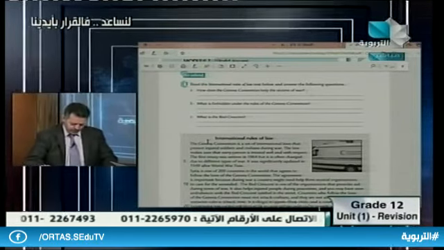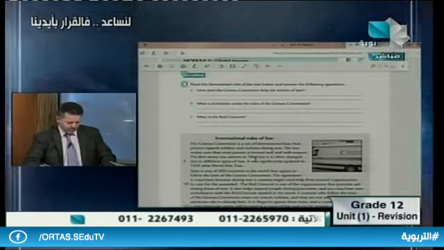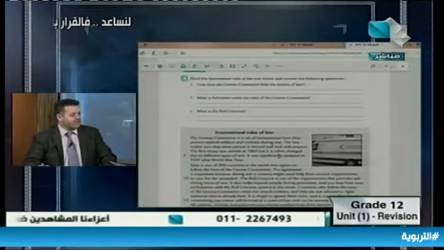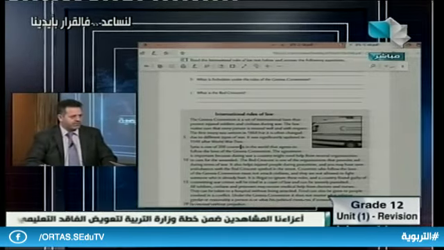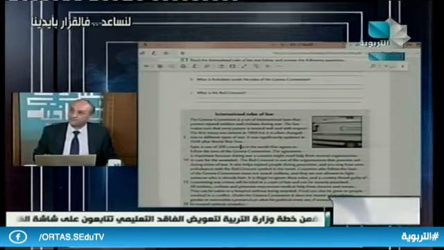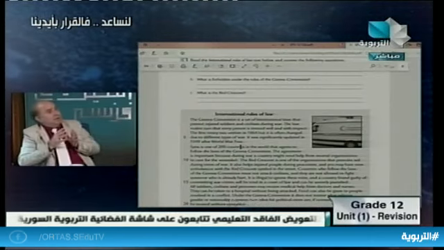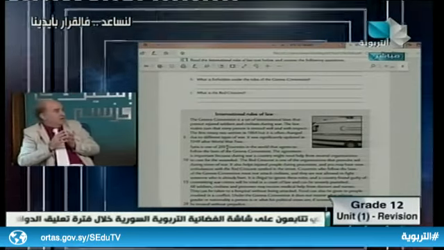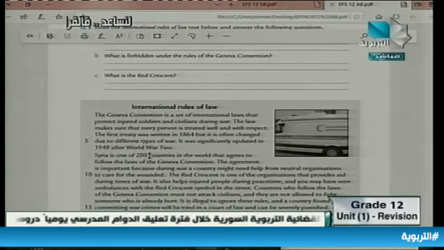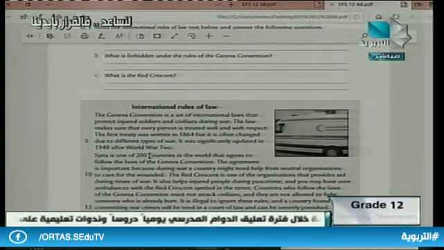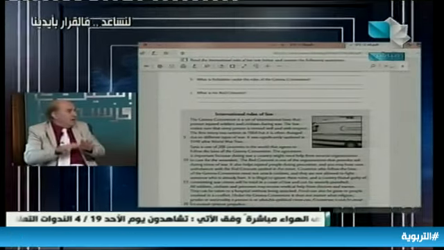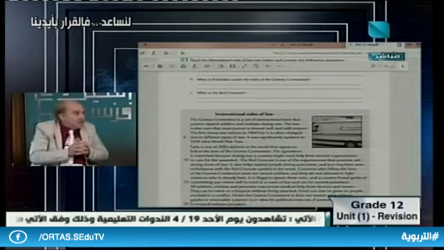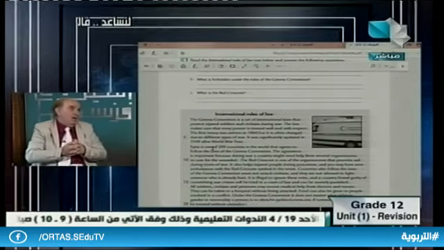By making sure that every person is treated well and with respect. That's it. So here, the main goal of the Geneva Convention is to treat people in a humanitarian way. So here people must be dealt with with respect, and also not to be prejudiced.